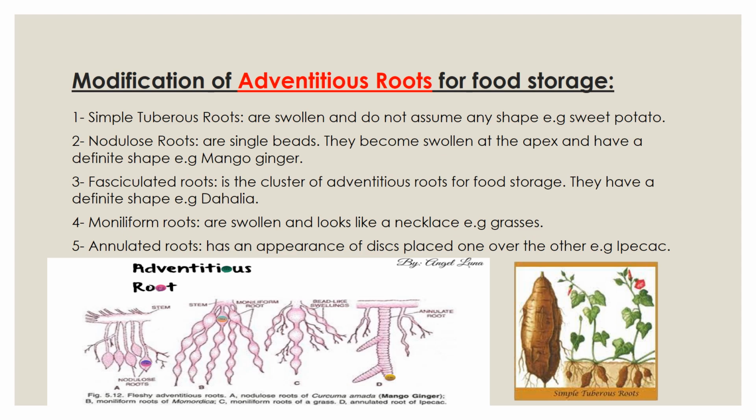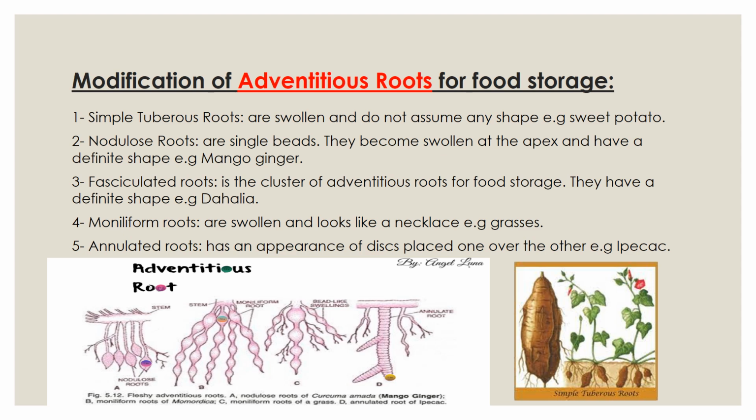Mango ginger has an adventitious root which is nodulose root. In the picture below, on your left hand, the left shape marked by the letter A is a nodulose root shape.